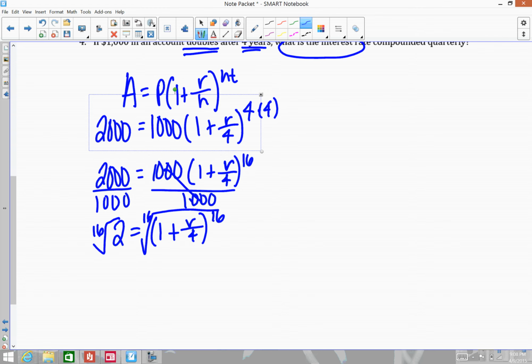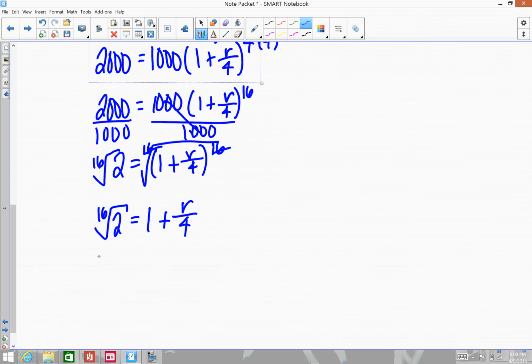Because remember, to undo something that's been squared, you take the square root. To undo something that's been raised to the 16th power, you take the 16th root. So I'm going to just leave this as the 16th root of 2 for right now, and then I'll put it all in my calculator. And I get 1 plus R over 4. So then what we can do is we can subtract 1 from both sides.